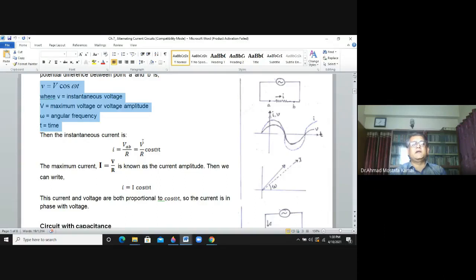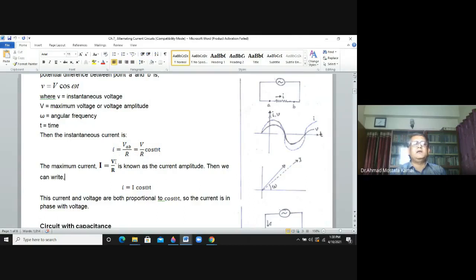তখন আমরা কি বলতে পারি, এই যে V by R, if this is the maximum current, is called current amplitude, okay? আর এই ধরনের ইকুয়েশনে লেফট সাইডে যেটা থাকে সেটা কি আছে, কারেন্ট আছে। রাইট সাইডের ফার্স্ট টার্মটা হচ্ছে সেই জিনিসের ম্যাক্সিমাম ভ্যালু, তাহলে V by R অবশ্যই কারেন্টের ম্যাক্সিমাম ভ্যালু, ওকে?